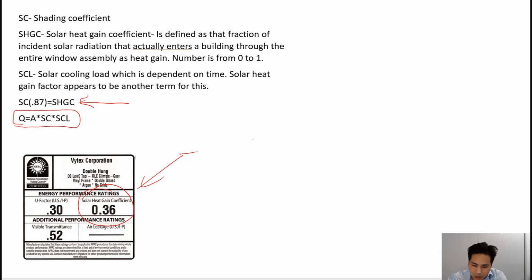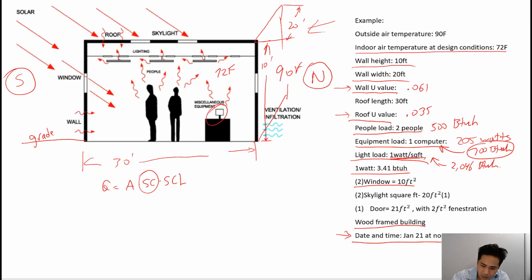So 0.36 divided by 0.87 will give you the SC value of 0.41.